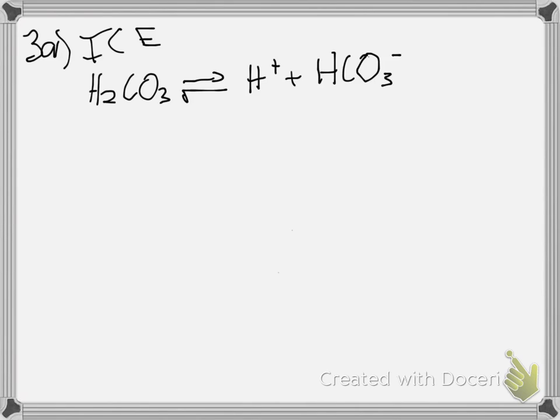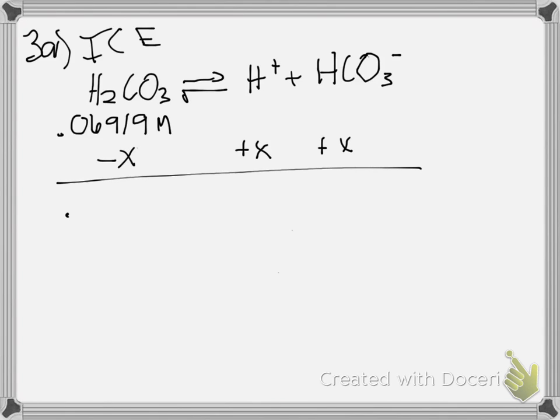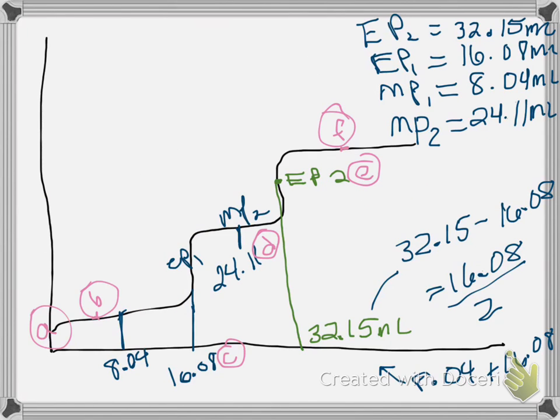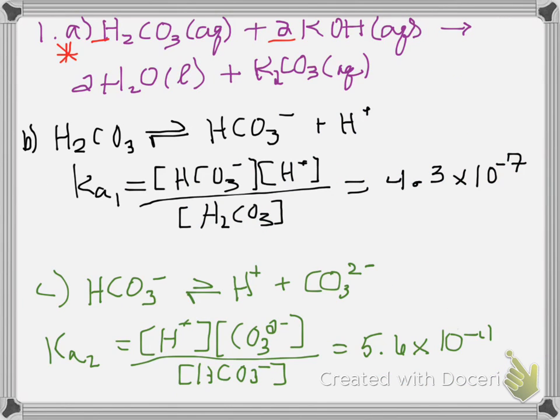And I know the concentration of H2CO3 is 0.06919 molar. I know that when this comes to equilibrium, it's going to use up some of that to produce H plus and HCO3 minus. Okay, so we can use that Ka from the prior problem, way back at the beginning. We're doing Ka1, so that'd be part B here.